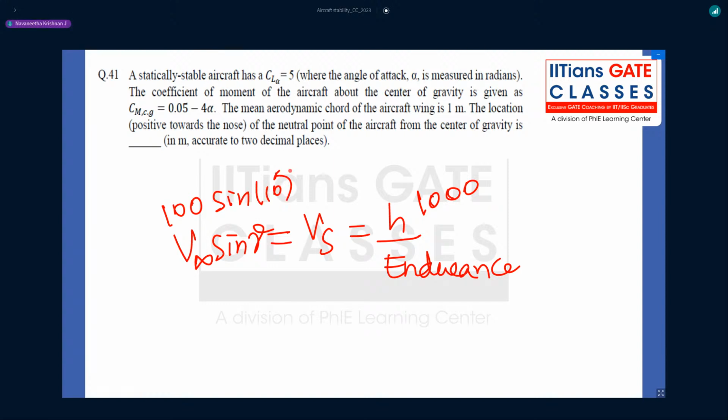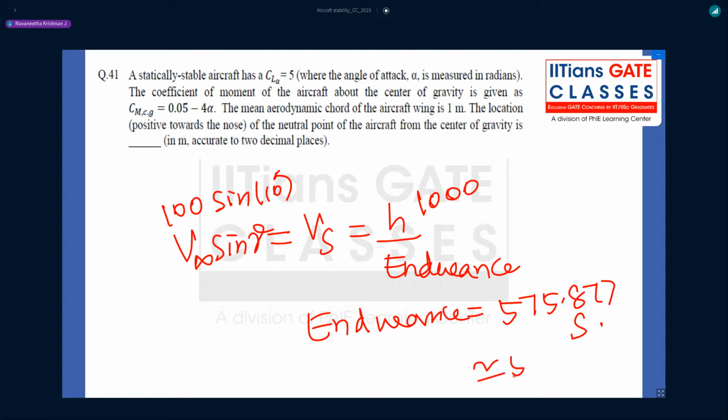Then we will get our endurance as 575 seconds. Total time it has taken is 575.877 seconds. That means approximately 576 seconds it took to glide from 1000 meter altitude to 0 altitude.